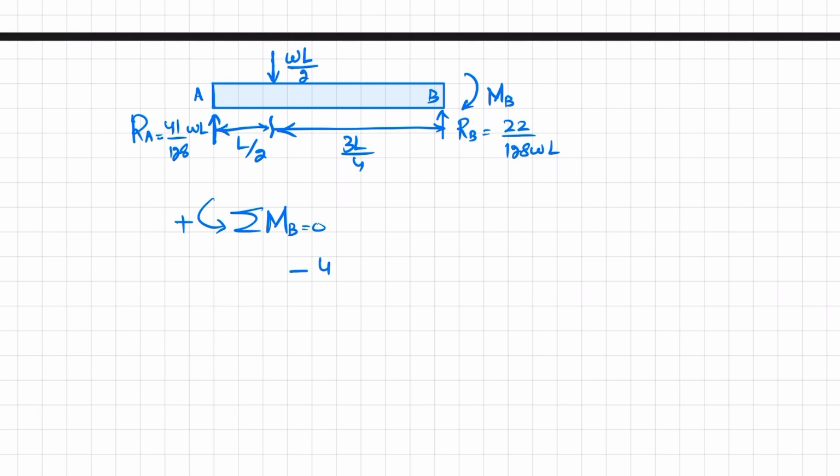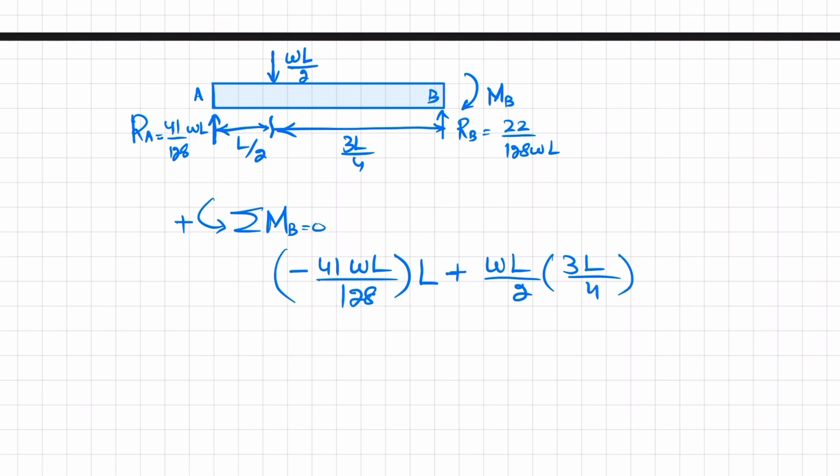So minus 41 WL over 128 into perpendicular distance L, plus this moment due to WL by 2, and perpendicular distance is 3L over 4, and it is producing counterclockwise moment. So WL over 2 into 3L over 4 plus this moment, which is counterclockwise, minus MB is equal to 0.